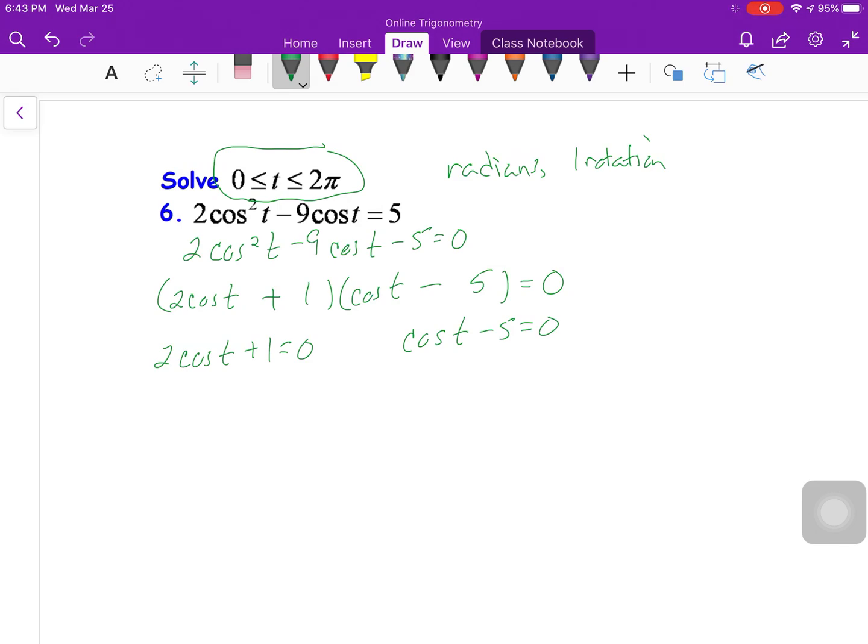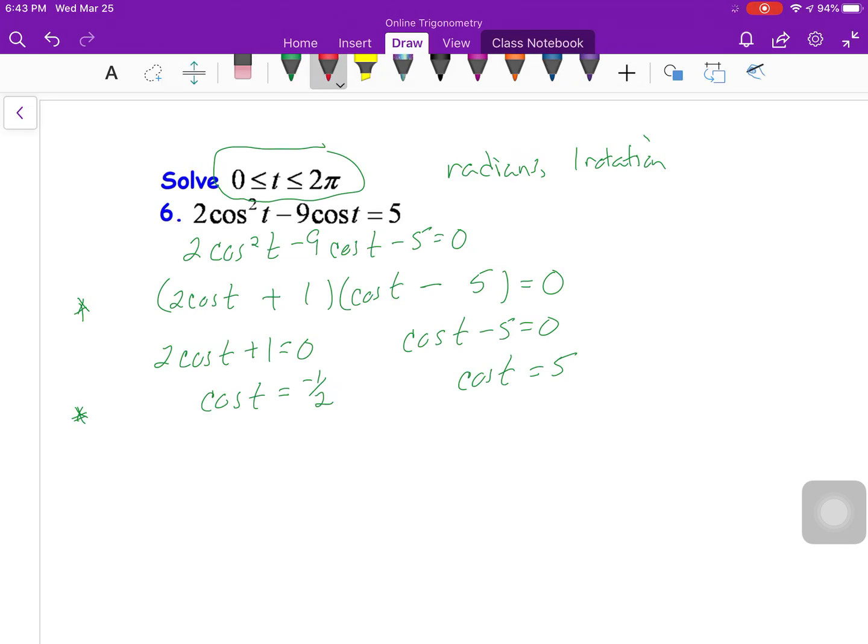On this one, the first one rather, we'll still subtract 1 and divide by 2, giving us cosine t equals -1/2. Now we'll come back to that one in a moment, but on the other one, to isolate the trig function, we'll just add 5. Cosine t equals 5. Again, this step where you have them isolated has to be shown every time. If there's factoring involved, the factoring step has to be shown as well.